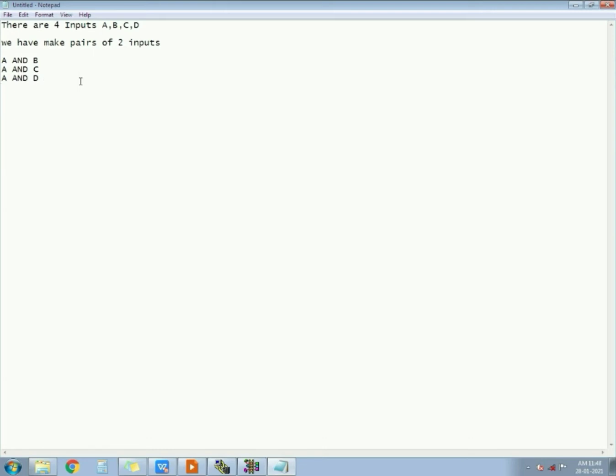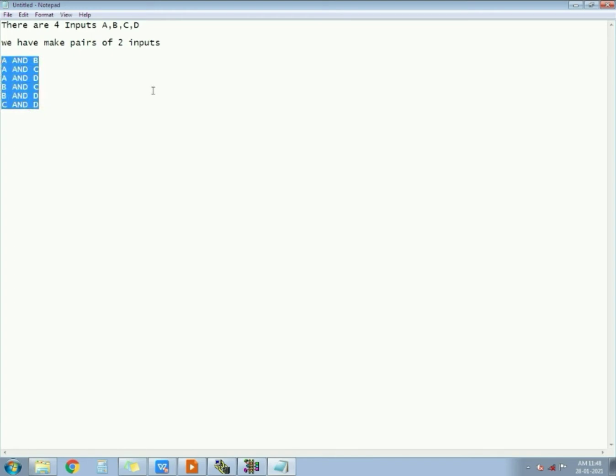Then B and C, then B and D, and then C and D. So if you see, these are the 6 pairs.